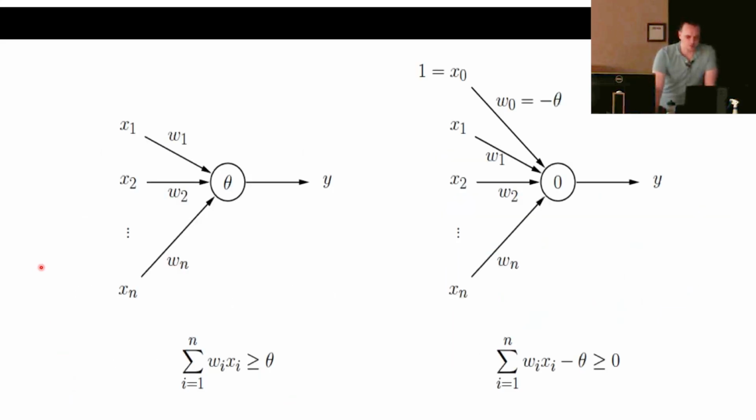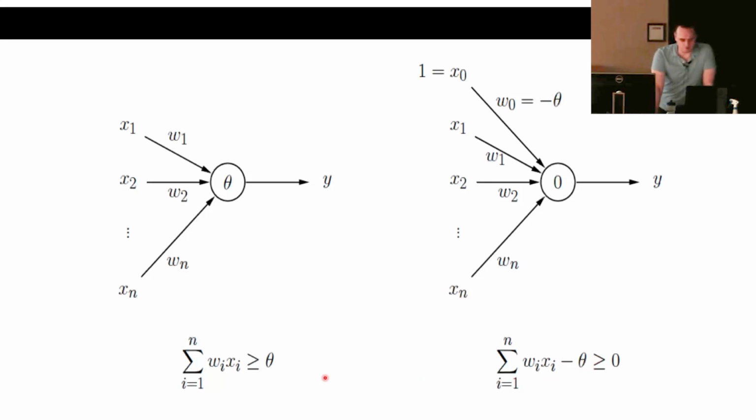Why? Well, this is the diagram of when we were thresholding. So we take this dot product and we compare it to this theta threshold, right? So this is greater than or equal to 0. But what we do when we have a bias neuron, it gets its own weight, okay? So instead of comparing the dot product to the threshold directly, if we have a bias neuron with 1, then through this process, what this is going to do is figure out the threshold for us, right?